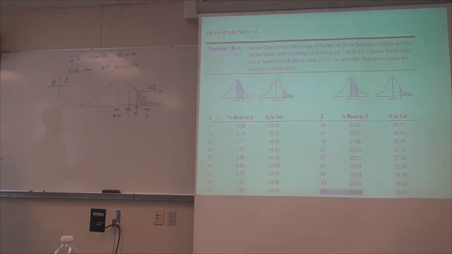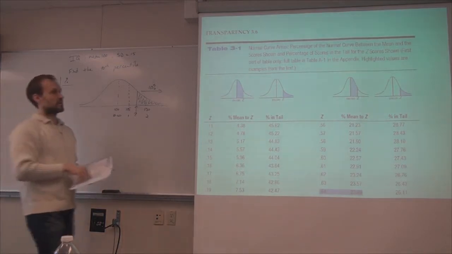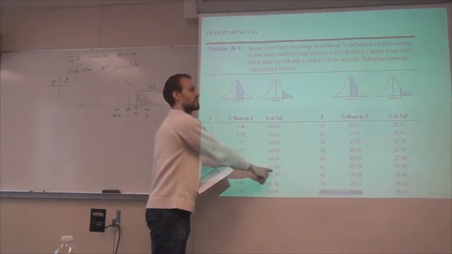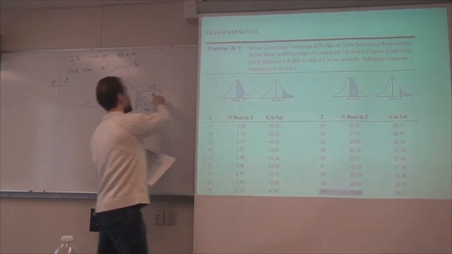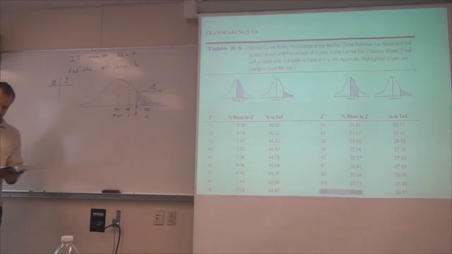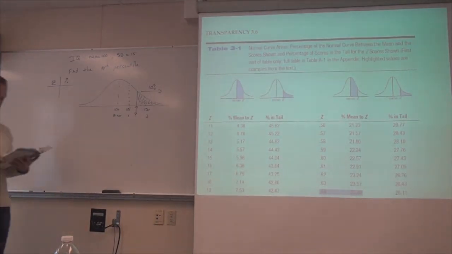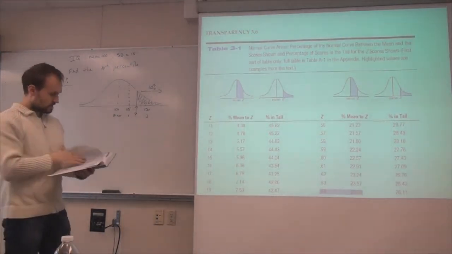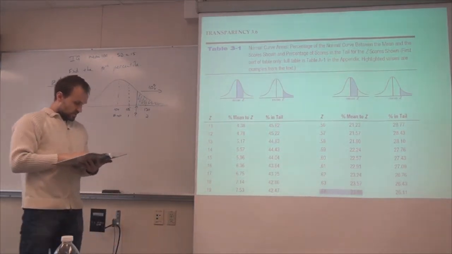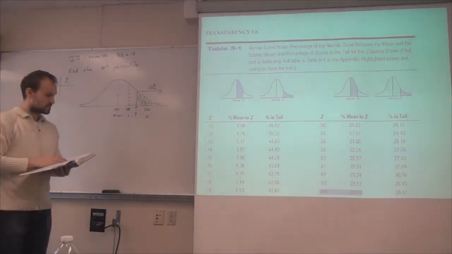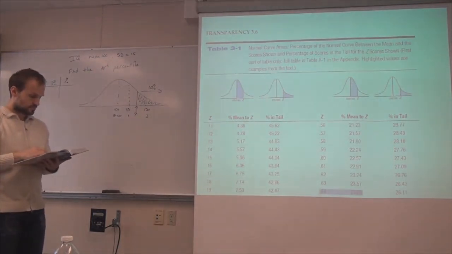Sorry, 10. I'm looking for a 10 here. It's exactly, it matches up exactly to what I have, so that's the easy version. Now I'm looking for the percentage in the tail, 10. Now I'm going to have to turn the page. 10, 10, 10, I have it on 674.